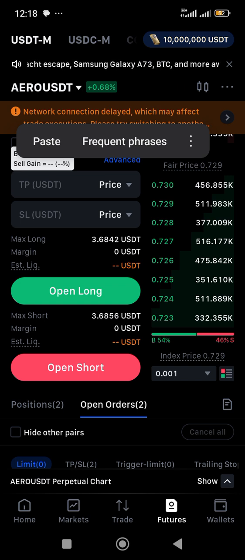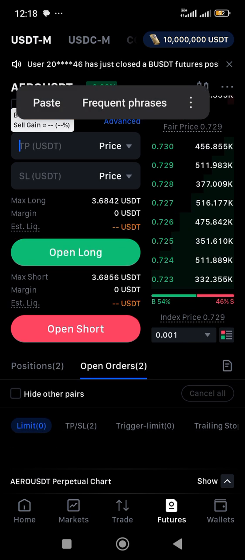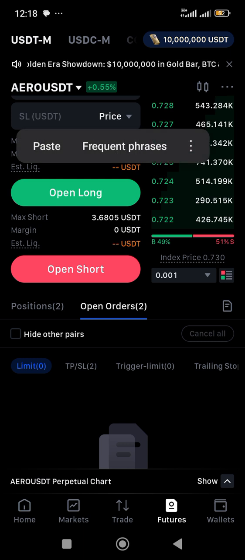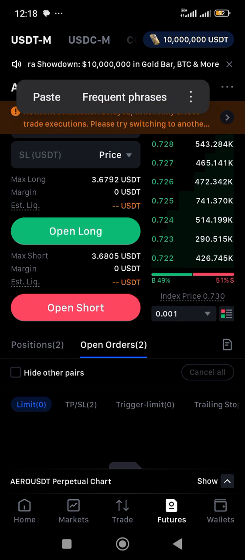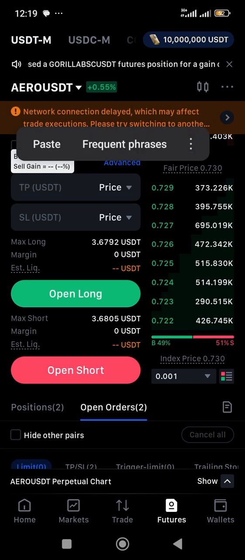They may tell you market order, fat coin, long, or limit order, fat coin, long, or market order, fat coin, short, or limit order, fat coin, short. I'm giving an instance. So you will now know what to do.